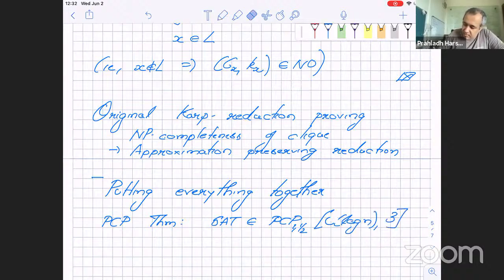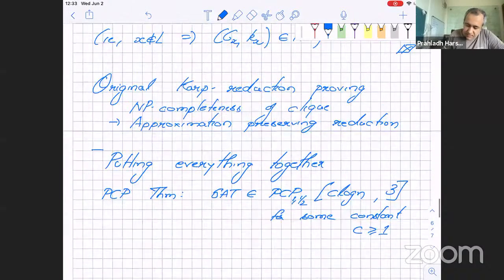So let's make that also fixed: C log n, 3, for some constant C greater than or equal to 1. That's what the PCP theorem said.